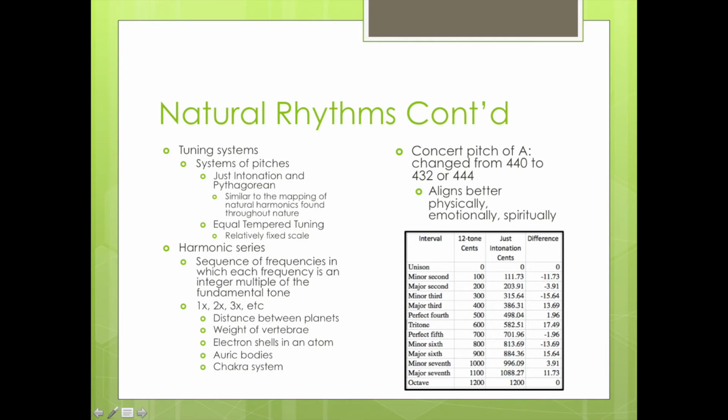An electronic tone generator that is 100% consistent can actually be detrimental to the body's systems in some instances, because little in nature occurs in those perfect mathematical patterns. It breathes. With equal temper tuning, it is a relatively fixed scale.